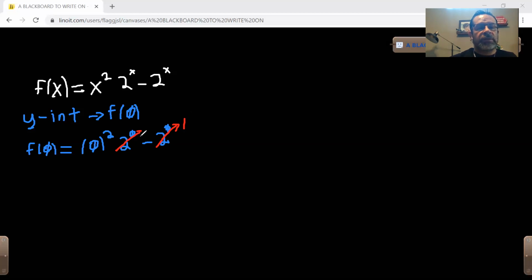But 0 to the power of 2 is going to be equal to 0. And so all of this is also going to be equal to 0. And so in the end, f of 0 is going to be equal to 0 minus 1. And so this gives us that f of 0 equals minus 1.